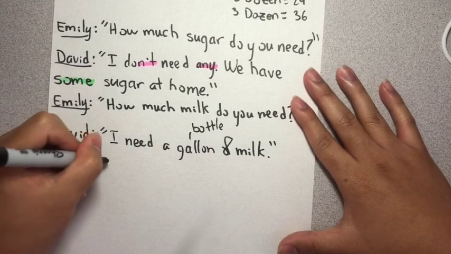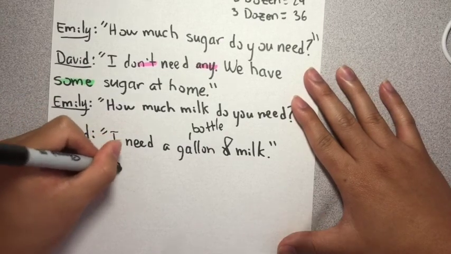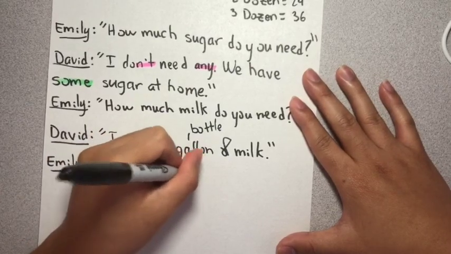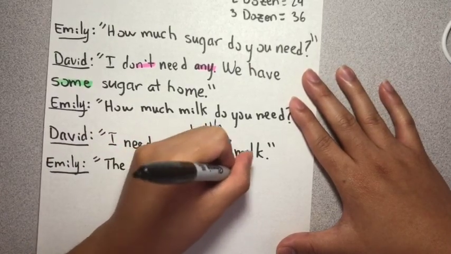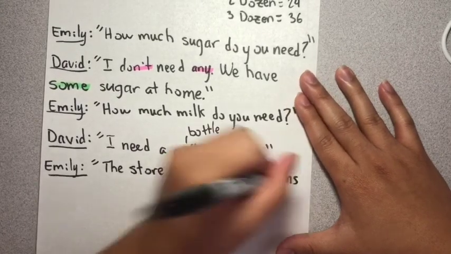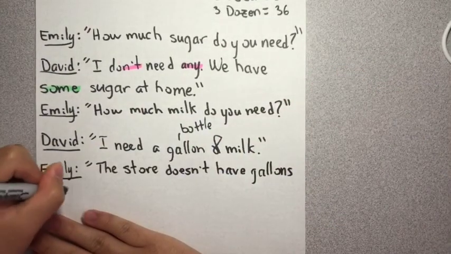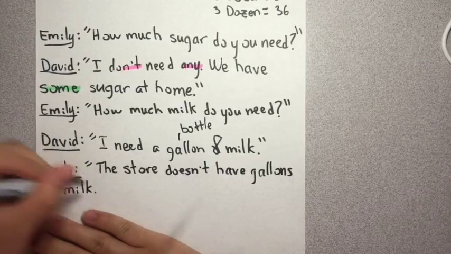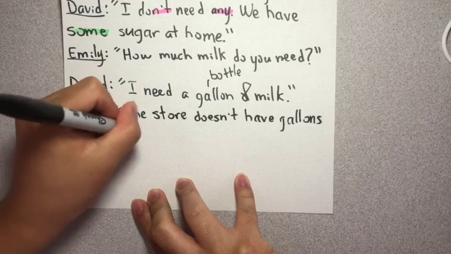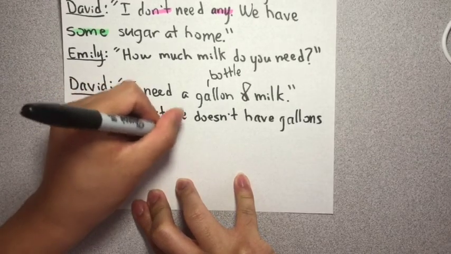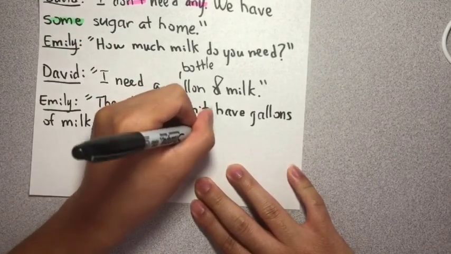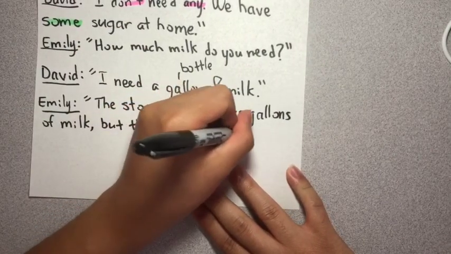So Emily asks, the store doesn't have gallons of milk, but they have small bottles.